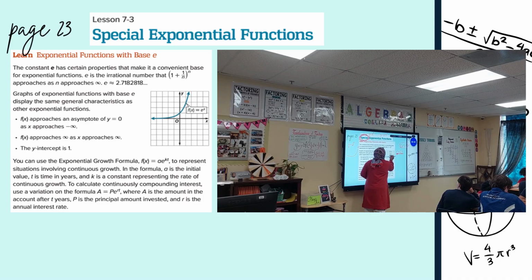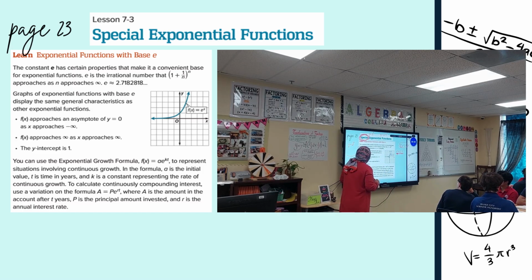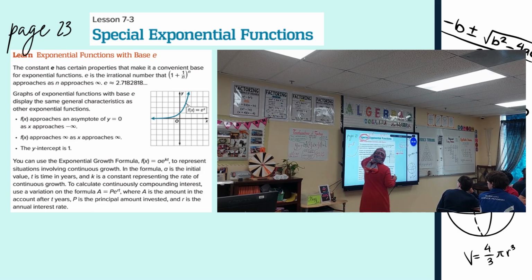So its y-intercept is always 1. It looks like 2 to the power of x or 5 to the power of x. Okay? And then guys, as you see now, this is the graph of the parent function e to the power of x. Okay, that's it for this, and everything is the same, just its base is an irrational number, which is e.